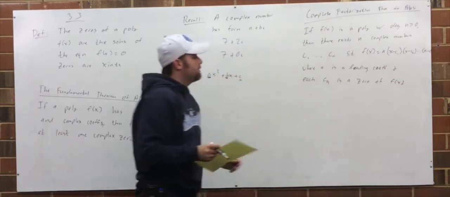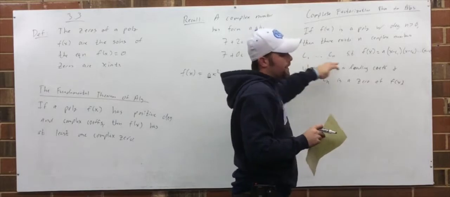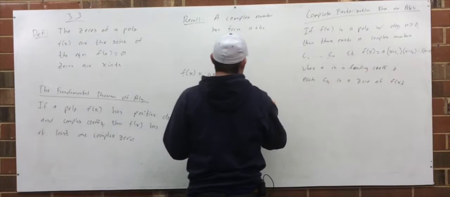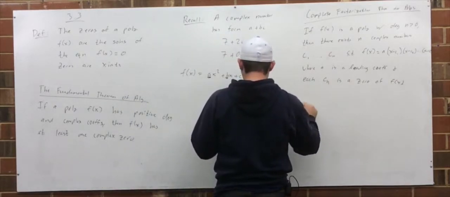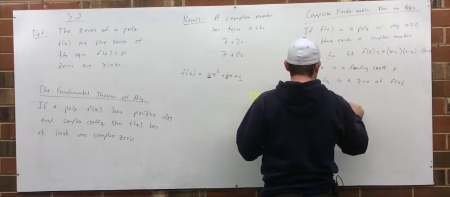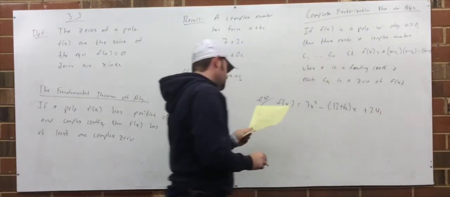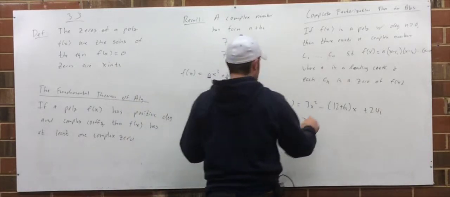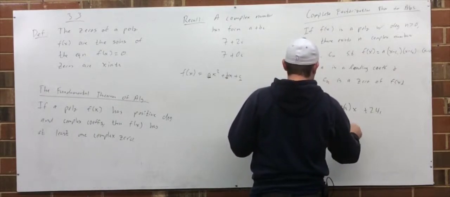So we've been dealing with this, we've been seeing this for a week or so now, but now we're just dealing with the possibility of complex numbers. So it's nothing too crazy. Let me give you an example of what we're looking at. So let's say f of x equals 3x squared minus 12 plus 6i x plus 24i. Well, that can be factored with a leading term of 3, and the factors are x minus 4, x minus 2i.